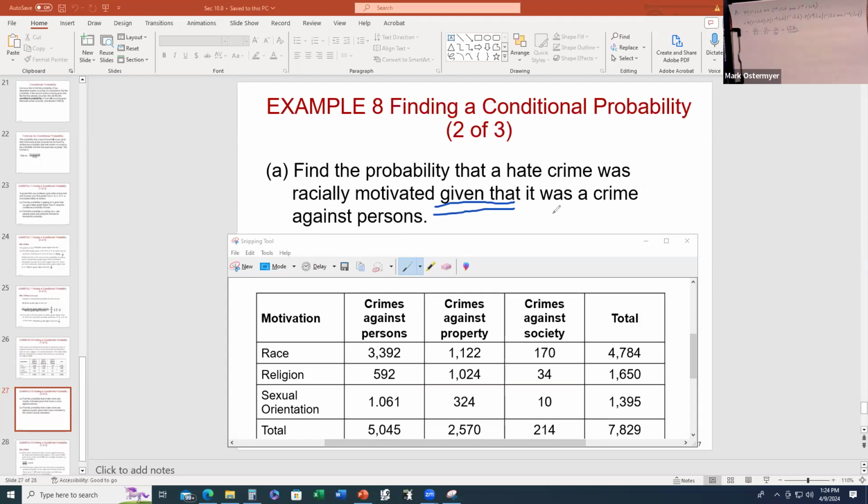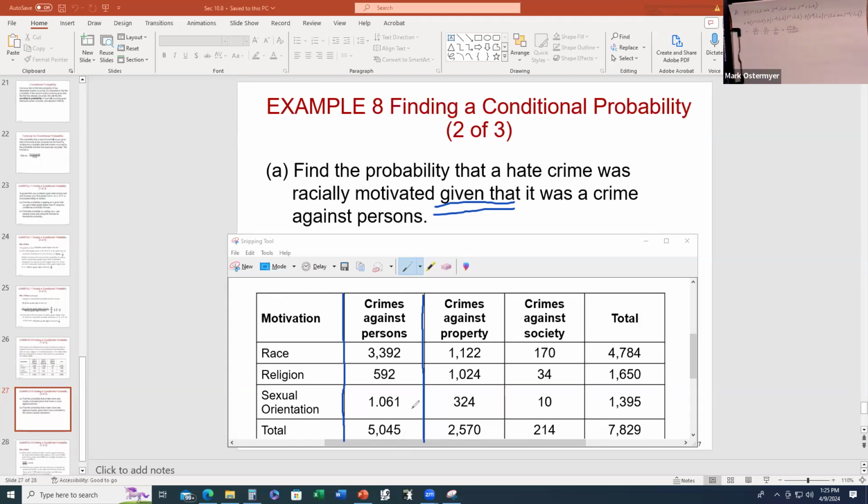That locks us into the first column. We're locked into the first column, because that's what given that does. It locks you into a column or a row of a table. So given that it was a crime committed against a person, find the probability then that a hate crime was racially motivated.